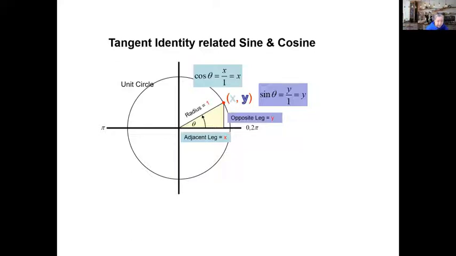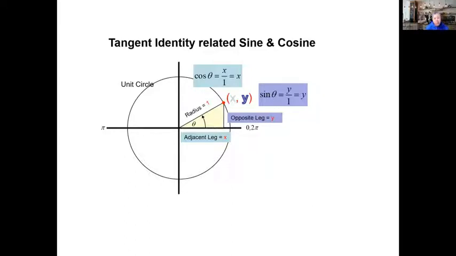So with all this, we can conclude this: the cosine exact value is the x coordinate and the sine exact value is the y coordinate there. And the radius, or hypotenuse, is still the 1 unit.